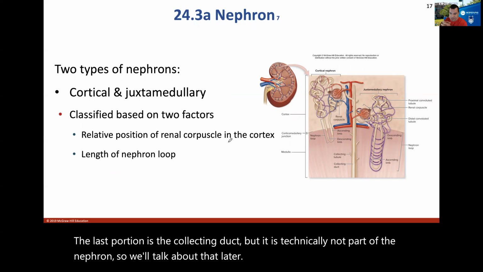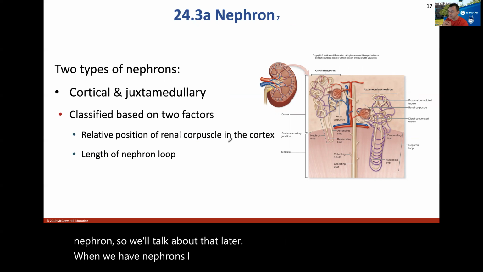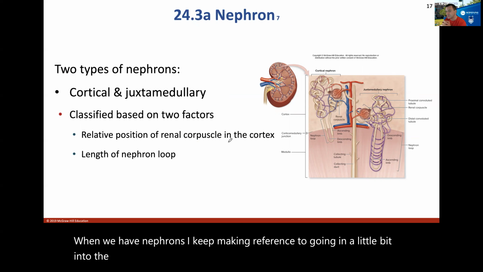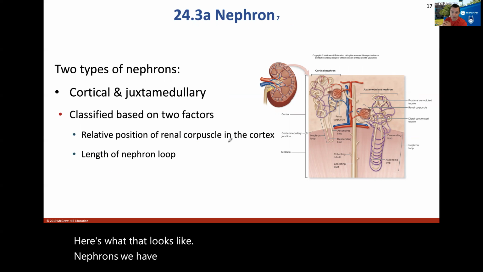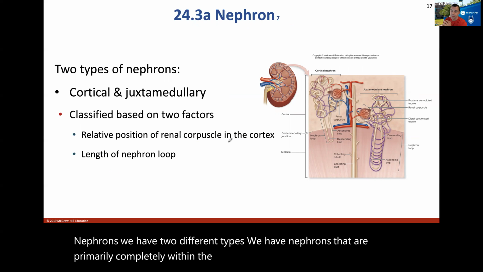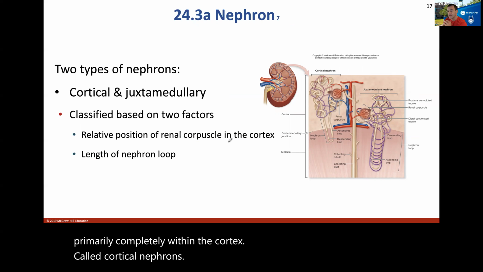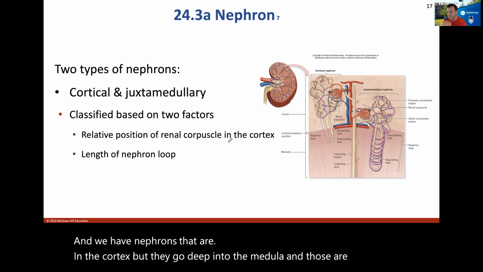When we have nephrons, I keep making reference to going a little bit into the medulla, going a whole lot into the medulla, and here's what that looks like. Nephrons, we have two different types. We have nephrons that are primarily completely within the cortex, called cortical nephrons. And we have nephrons that are in the cortex, but they go deep into the medulla, and those are called juxtamedullary.